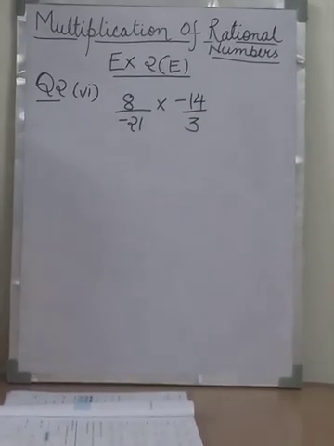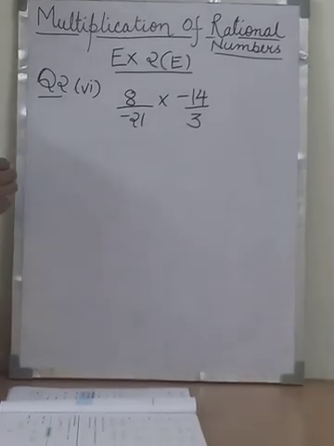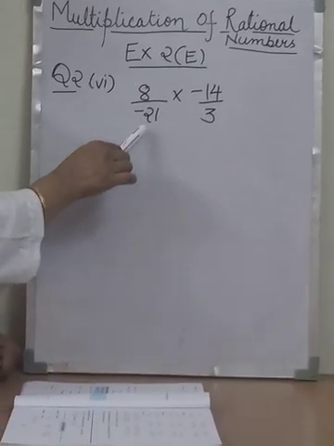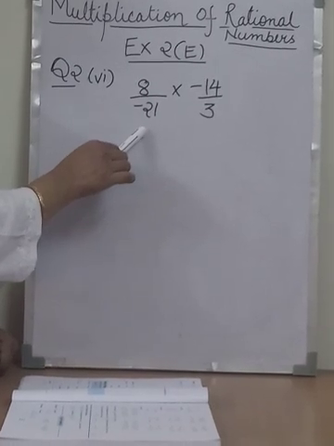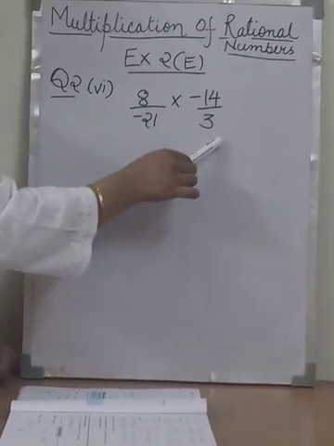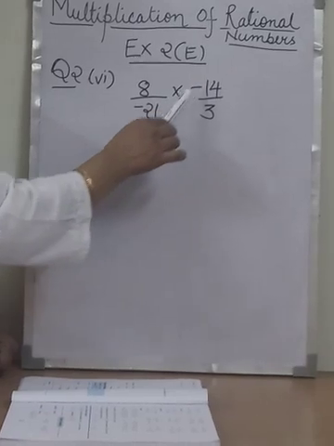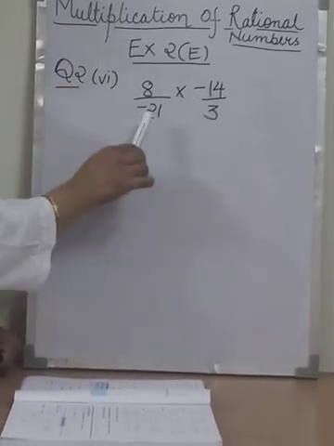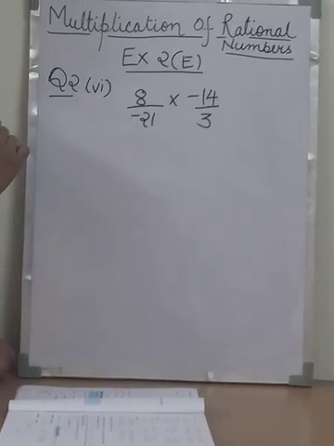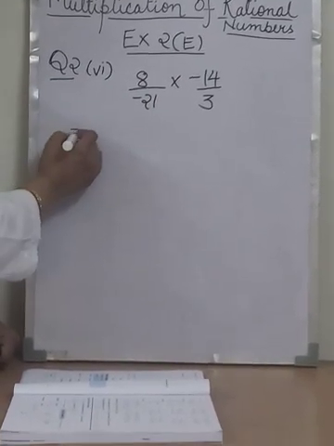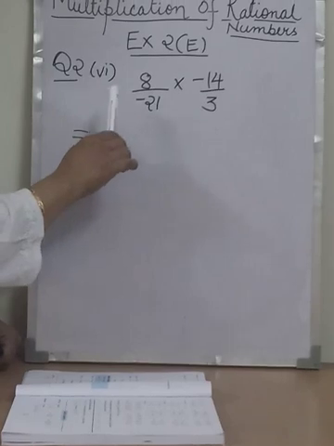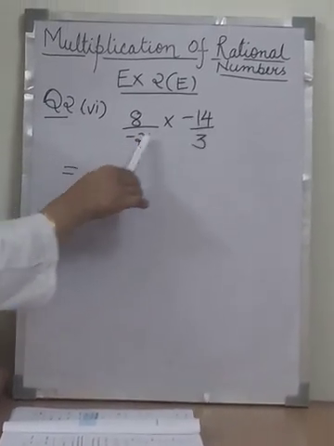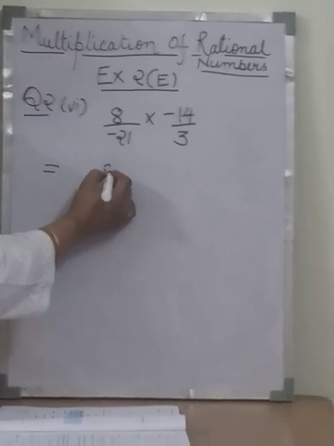Now firstly, we see whether any number can be cancelled out. 8 and 21 cannot be cancelled, 8 and 3 cannot be cancelled, but when we look at these two numbers, you can see that they can be cancelled. Both are in the table of 7. So instead of multiplying numerator with numerator and denominator with denominator, before that we simplify, because these two get cancelled with 7.